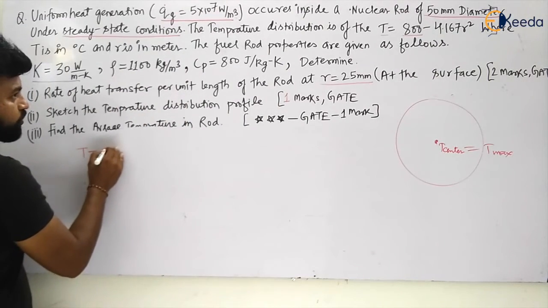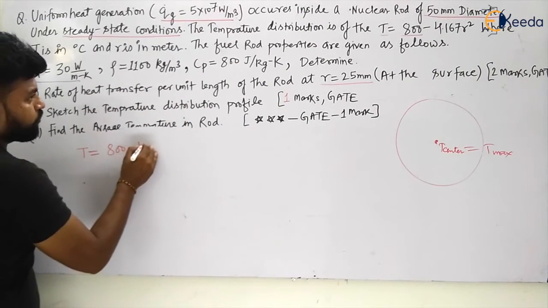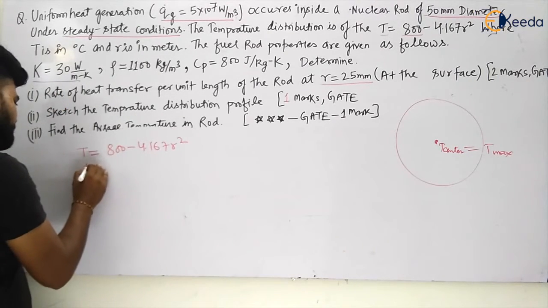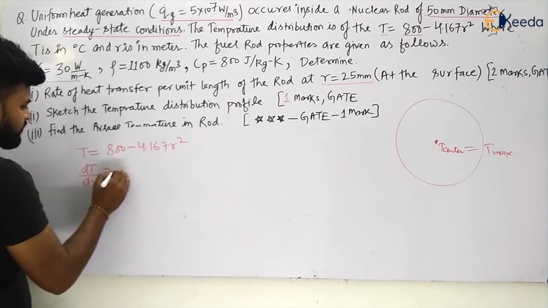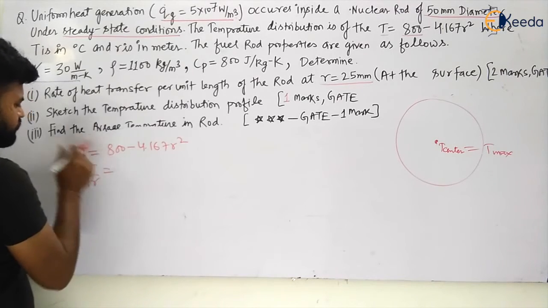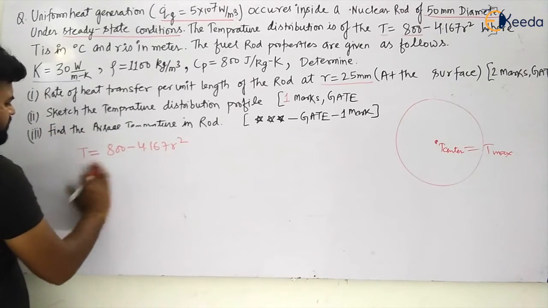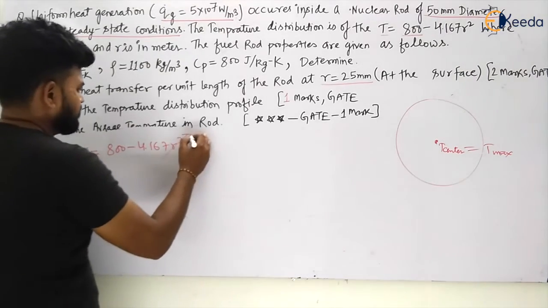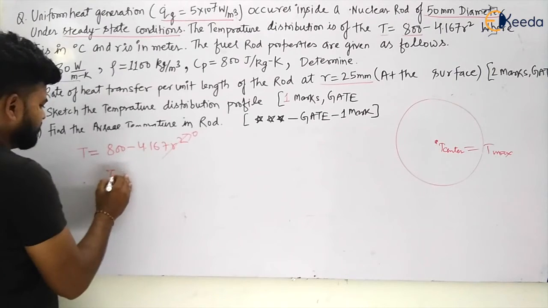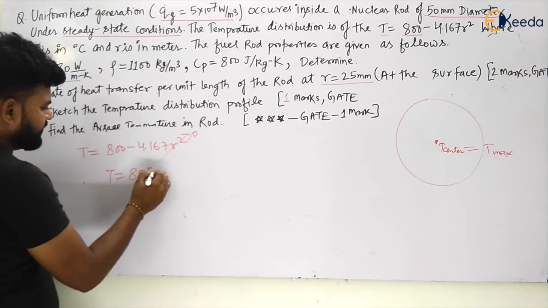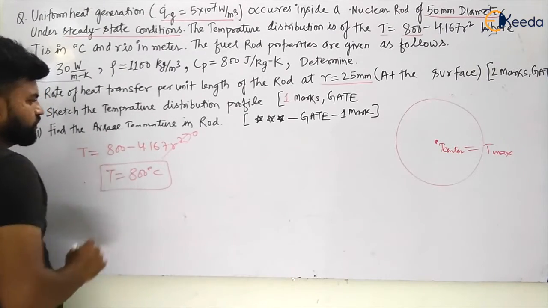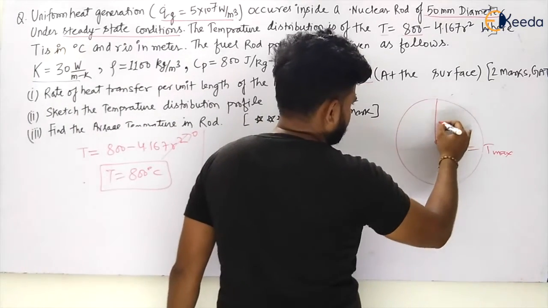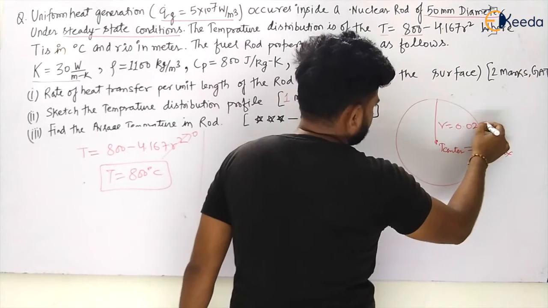We don't need to differentiate this, because at the center r equals 0, the temperature T will be 800 degrees Celsius, my dear students. Can I have the temperature at the surface, that is at r equal to 0.025 meter?